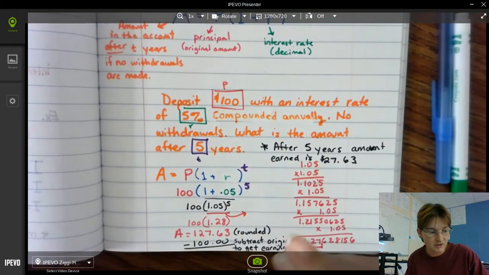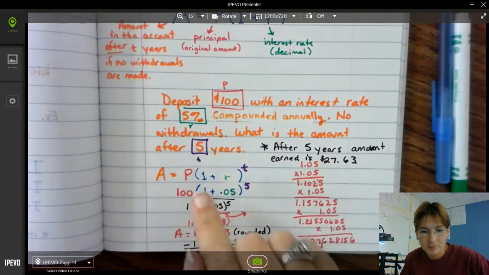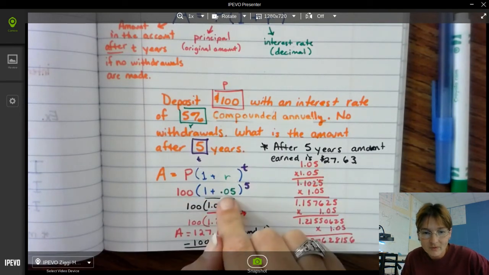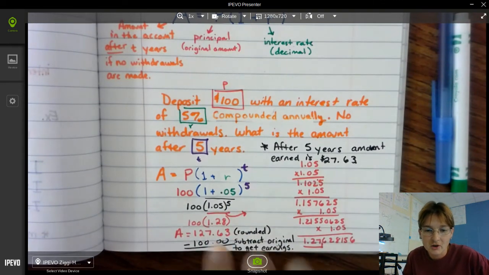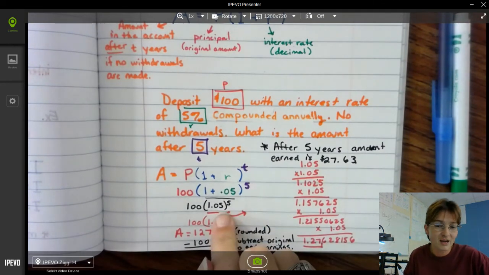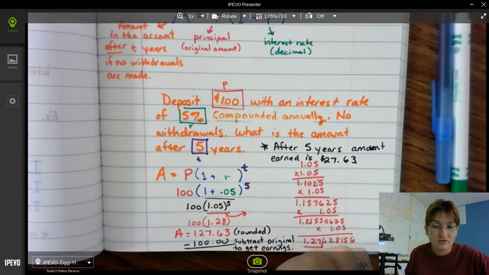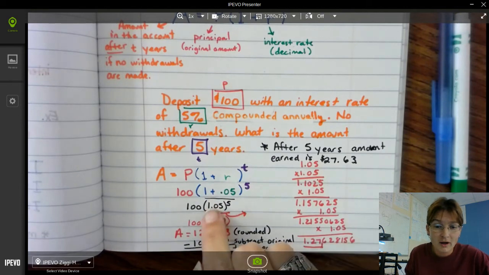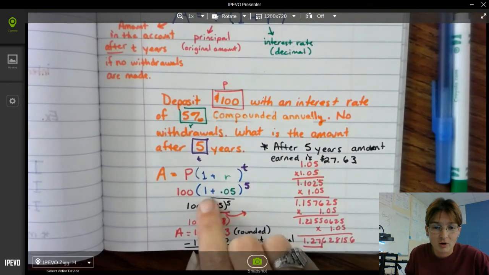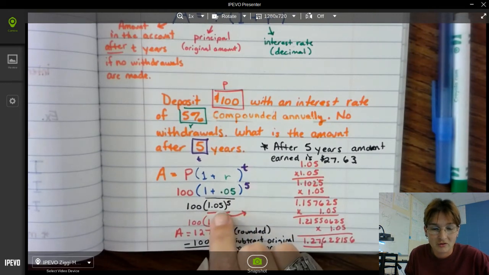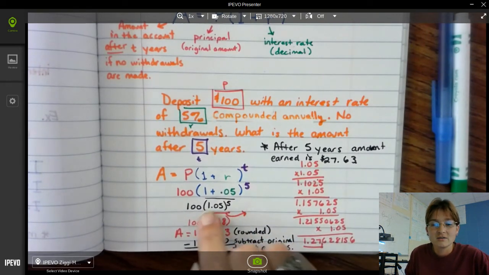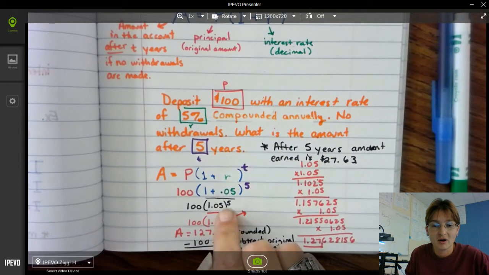That is important to know. Okay, when we plug our numbers in, yes, you have to do the exponent first. Hopefully it's not going to be as complicated as this every time, but it very well could be. You just never know. So 1.05, because 1 plus 0.05 is 1.05, to the exponent of 5, or to the power of 5.